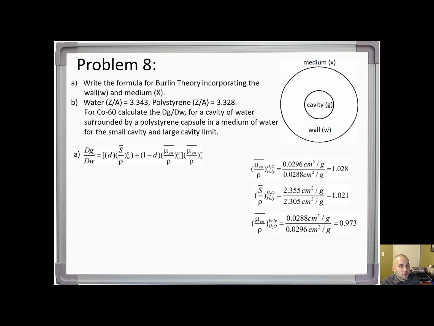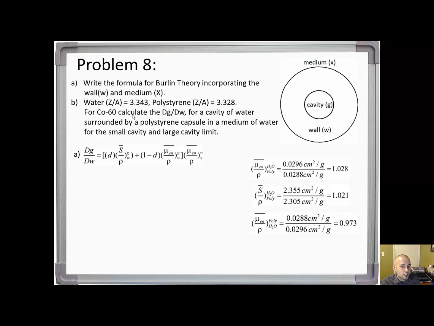Now let's perform a calculation for B. Water has a Z over A, which is atomic number over atomic mass, of 3.343, and polystyrene has a Z over A of 3.328. So very close, essentially.